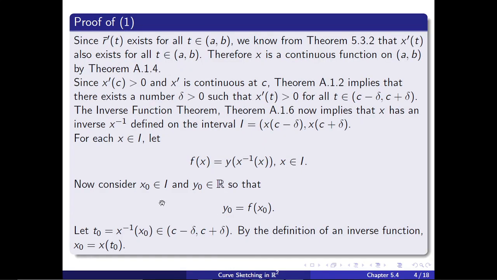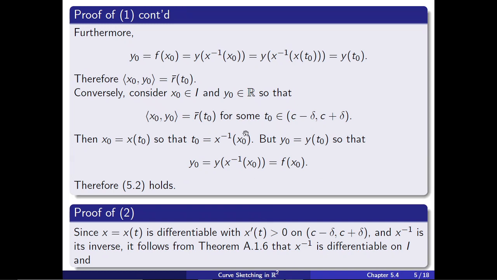We took a particular x naught and a y naught, so we had y equal to f of x naught, and we showed that it implies that x naught, y naught is equal to r of t naught.